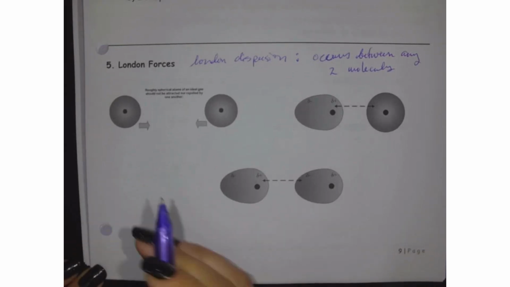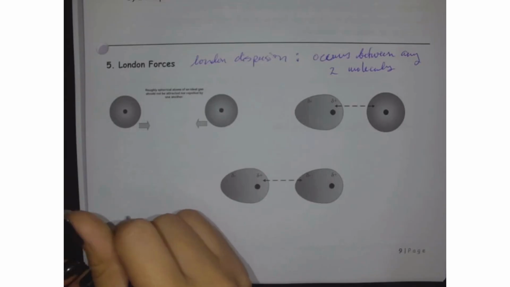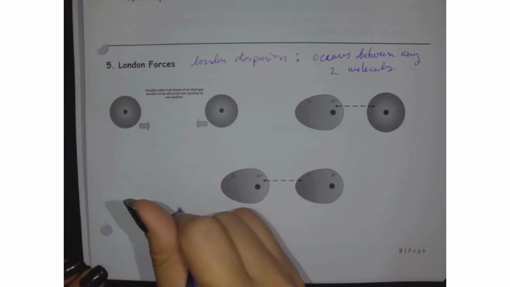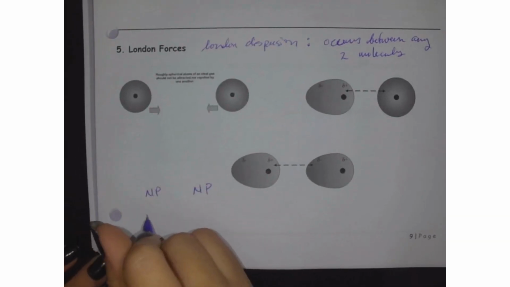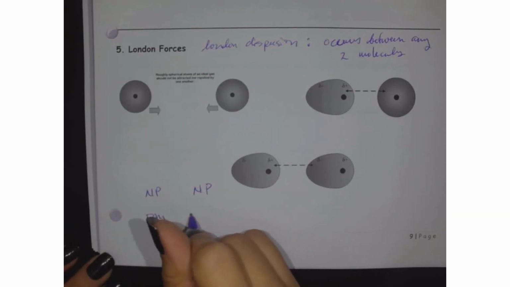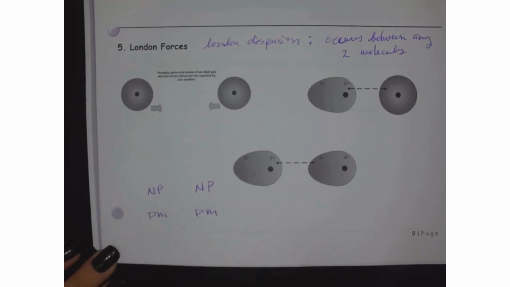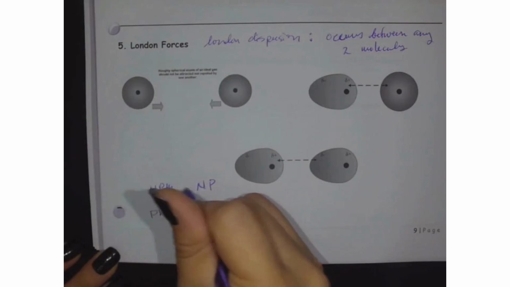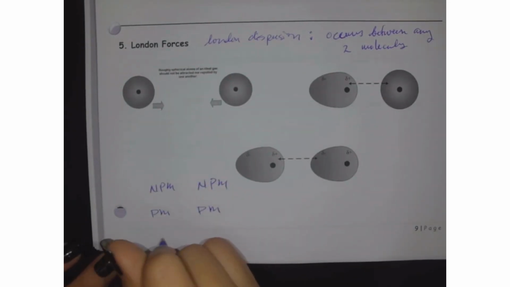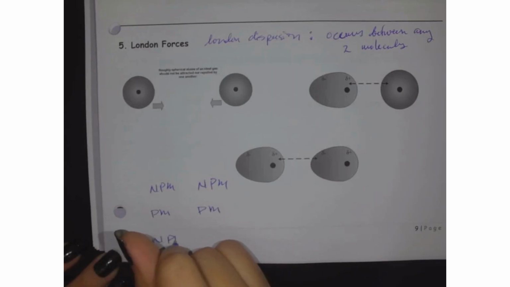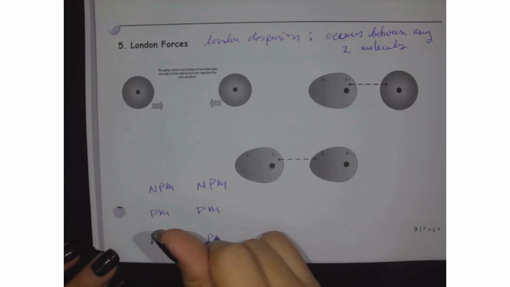So our options are a nonpolar molecule and another nonpolar molecule, or a polar molecule and another polar molecule, or one of each: a nonpolar molecule and a polar molecule.